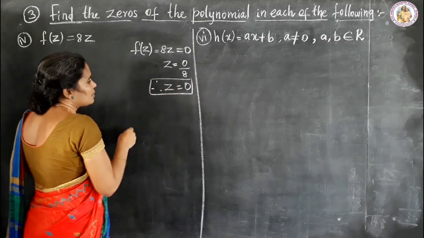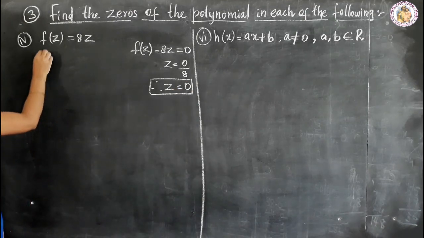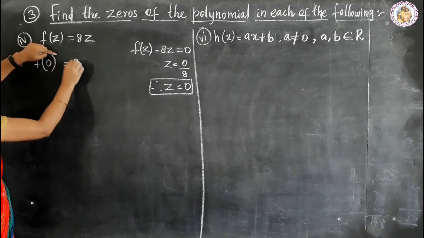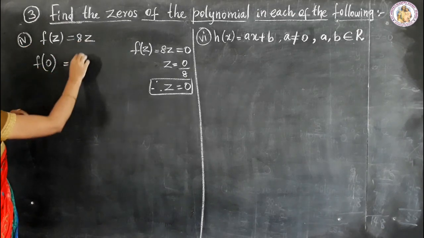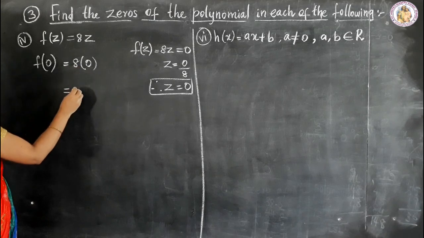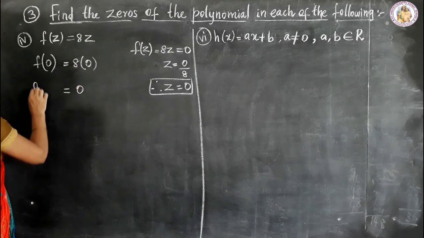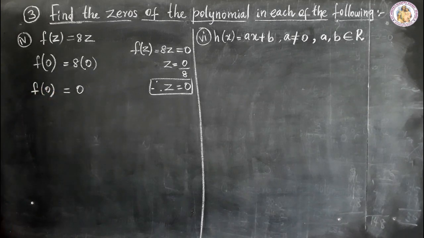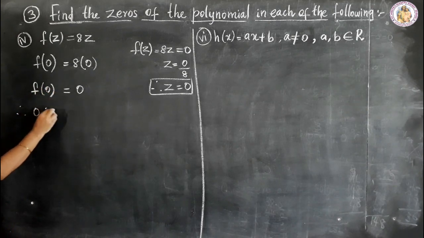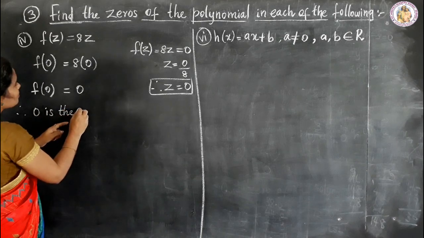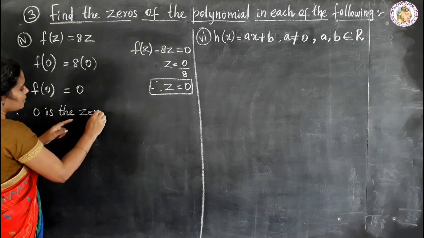So z is equal to 0. So f of z, that is f of 0, is equal to 8 into, in the place of z, apply 0. Okay, 8 into 0 is 0. So f of 0 is equal to 0. Therefore, 0 is the zero of the polynomial.